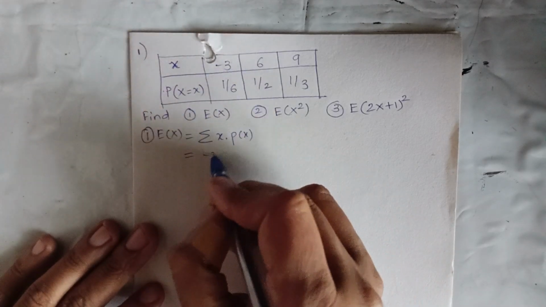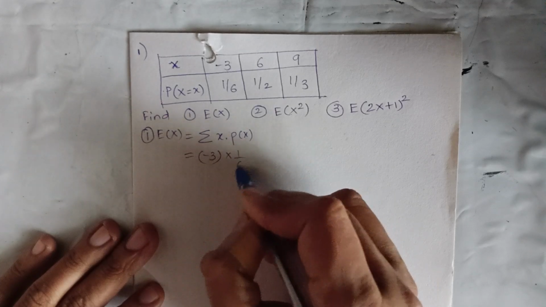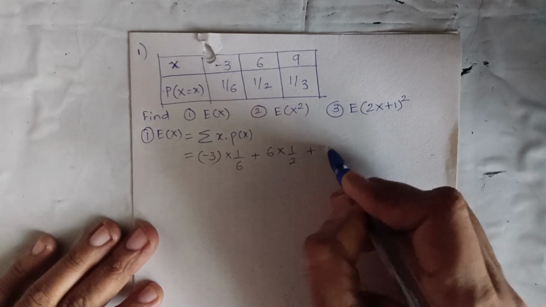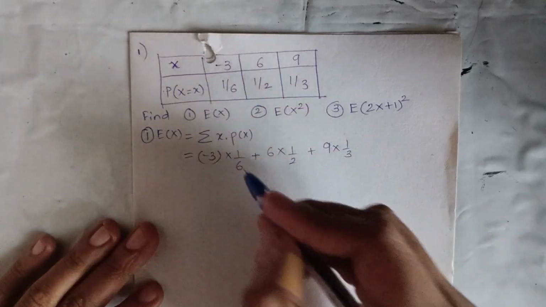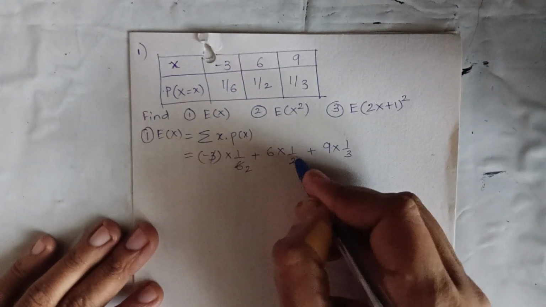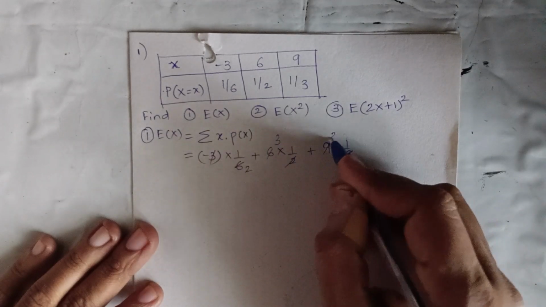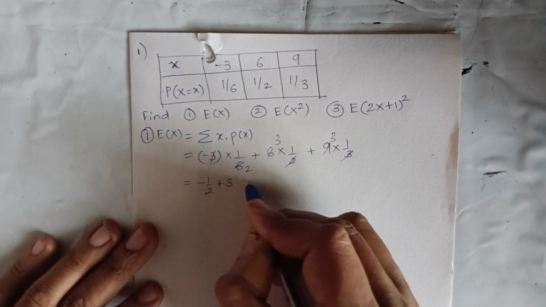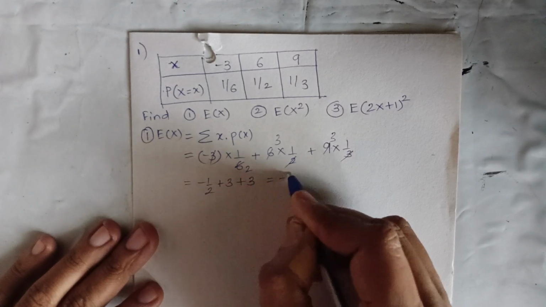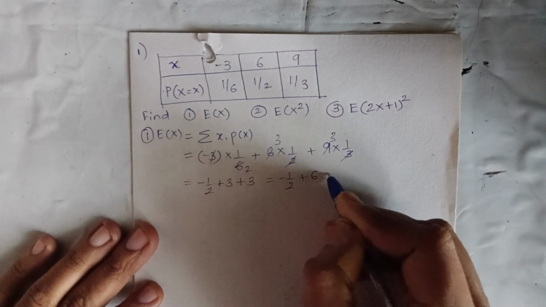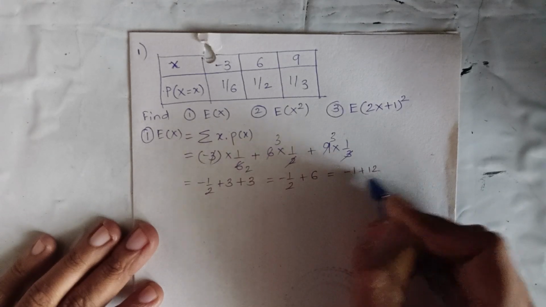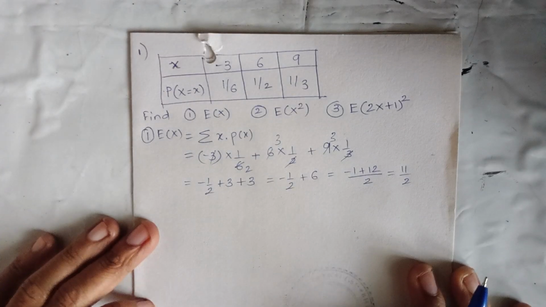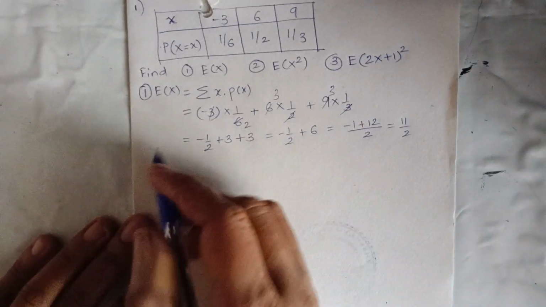So minus 3 into 1/6 plus 6 into 1/2 plus 9 into 1/3. This is minus 1/2 plus 3 plus 3, which is 11/2.